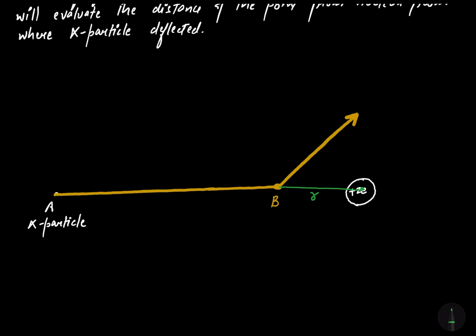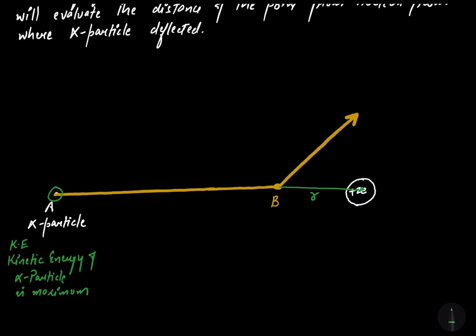So now let's evaluate it. Now let us talk about the term kinetic energy and the potential energy. Now listen to it very carefully. At the point A, kinetic energy of alpha particle is maximum.